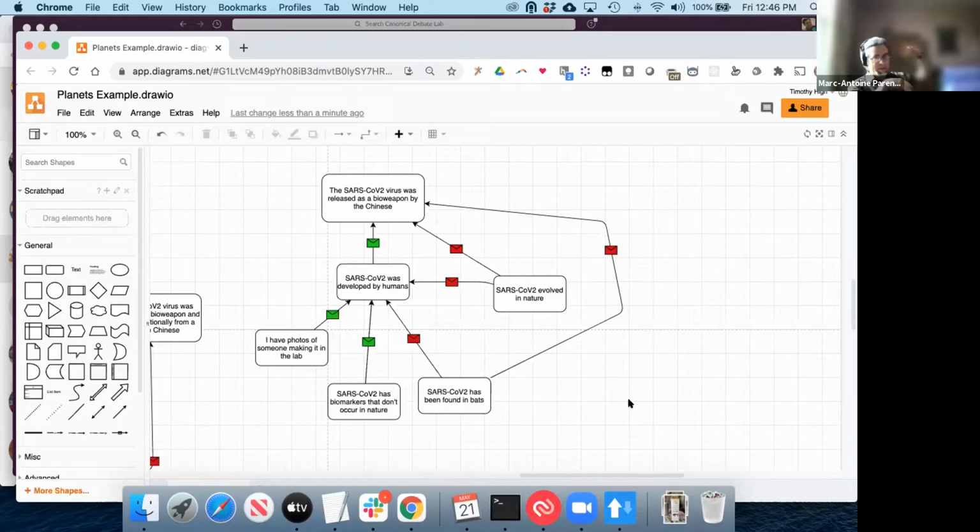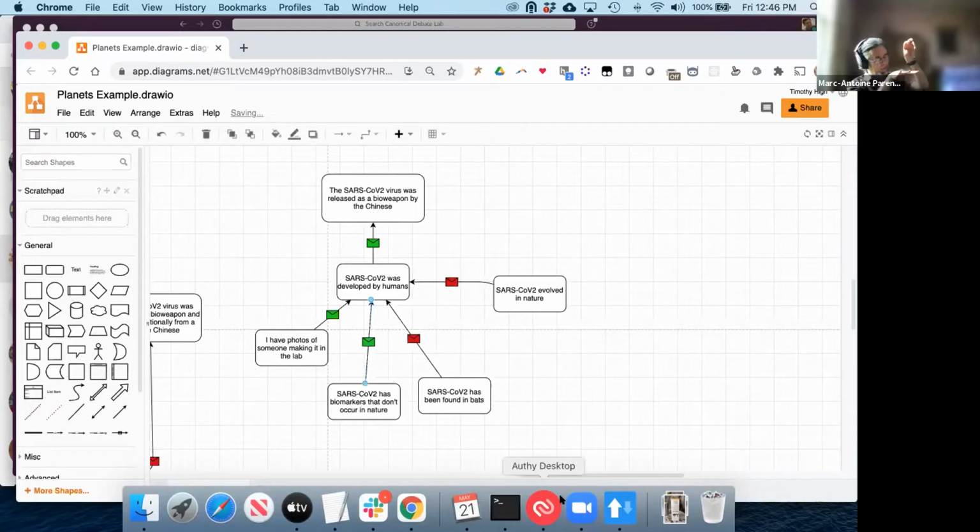It's before layer 2. We say this is equivalent to a compound which has been developed by humans. Those humans were Chinese, it was released intentionally, blah, blah, blah. All the subclaims. And so those subclaims, more atomic, we know they're related, and we don't know exactly how because this is the pre-formal layer. We just know they're related, and that this is asserted by someone to be equivalent to the informal compound.